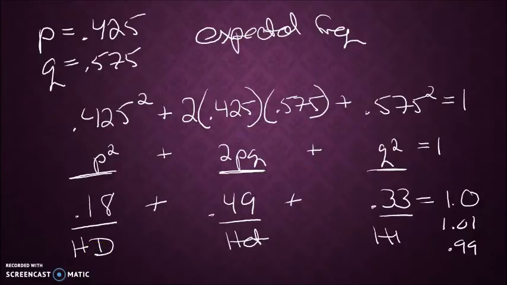And this one's for homozygous recessive. So those are the numbers, those are the percentages, the frequencies that we should have if the population is not changing, not evolving. So what we want to do then is take these expected frequencies and compare them back to the observed frequencies, the ones that we actually do have.